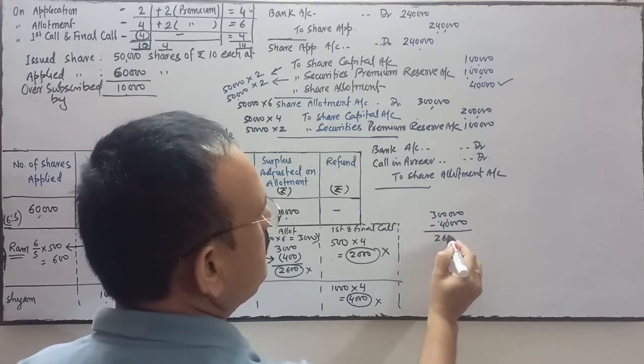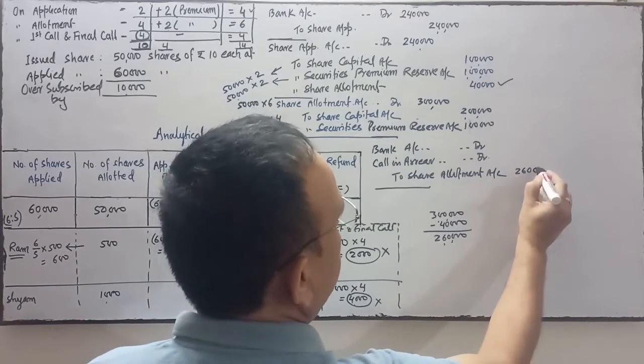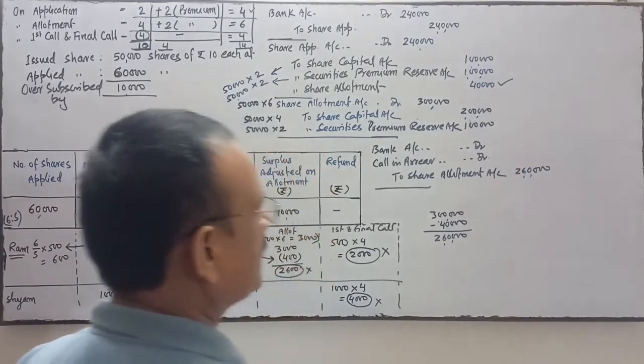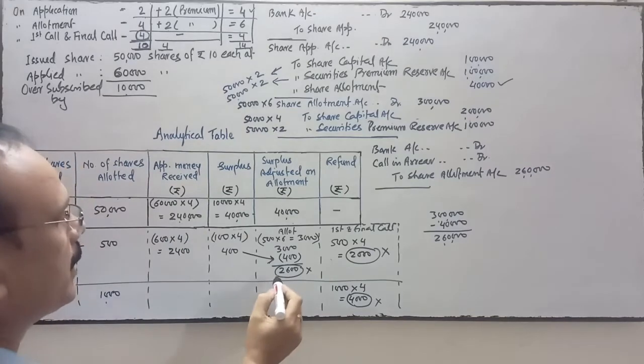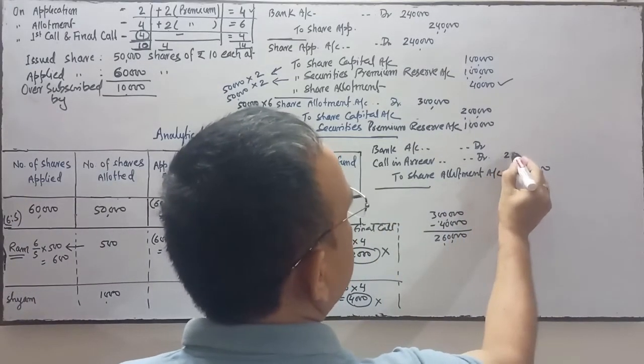So 2,60,000 will be credited. Now see the calls in arrear in allotment is 2,600.